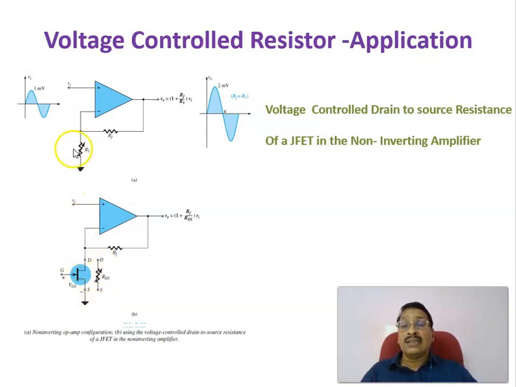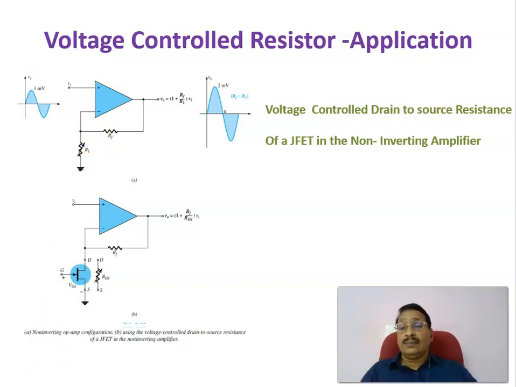So R1 is being changed, thereby the gain of the amplifier can be changed. Therefore, you can use the JFET in the ohmic region as a voltage controlled resistor, a variable resistor, in the case of a non-inverting amplifier using an operational amplifier.